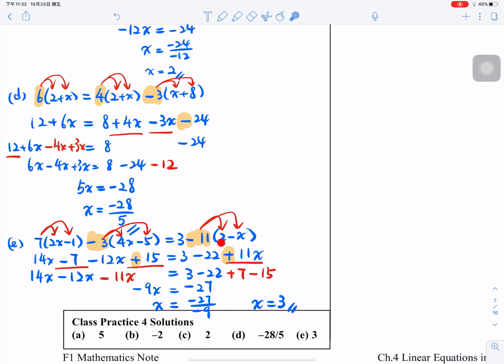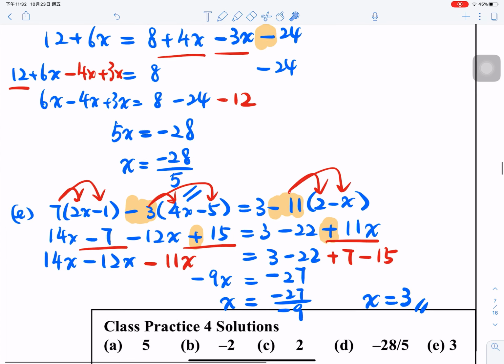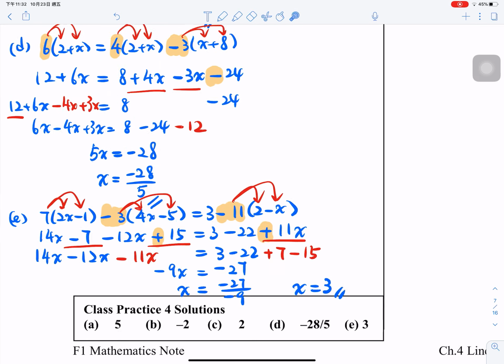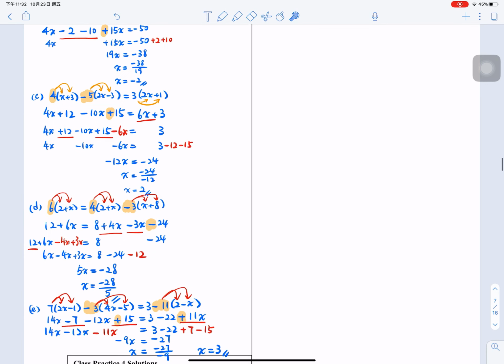If this one, for example, negative 11, after expanding, minus 22 and plus 11, okay? So be careful when you expand it. If it is a positive value, just simply multiply into these two terms. So 14x and then minus 7. Okay? So be careful when solving the equation.